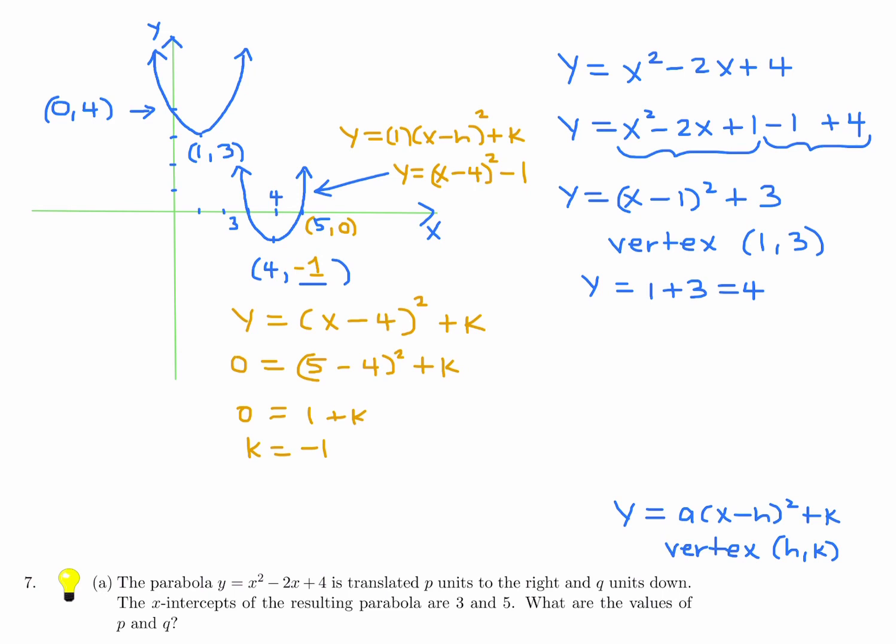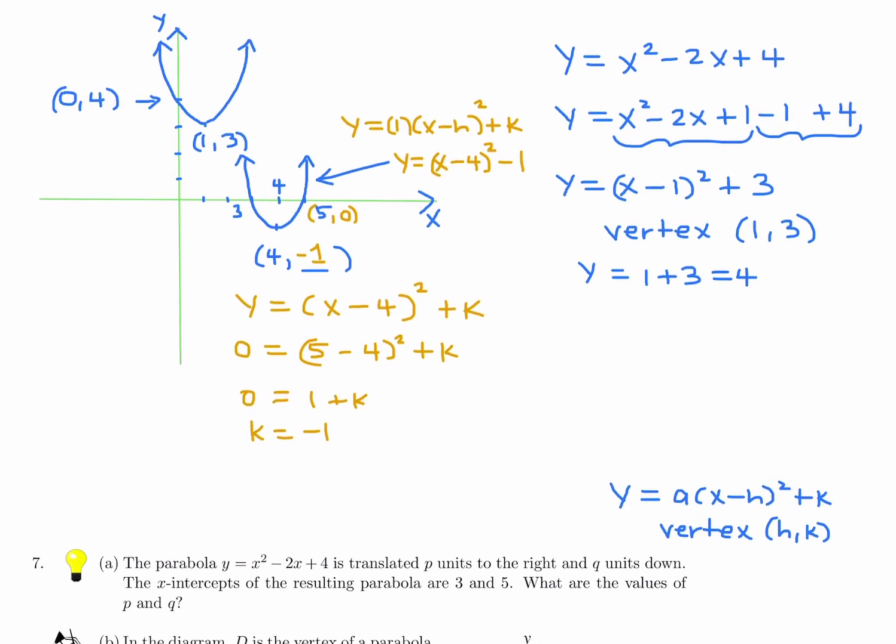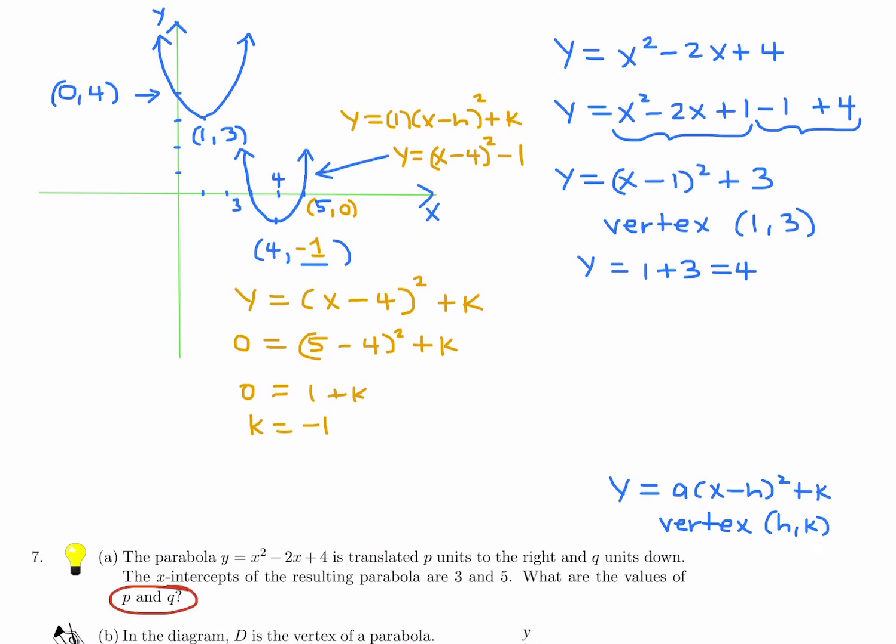Well, to get p, that's how many units are shifted to the right. It went from 1 to 4. So obviously, p equals 3, since it was shifted from 1 to 4. To get that, you'd basically subtract 4 minus 1, right?